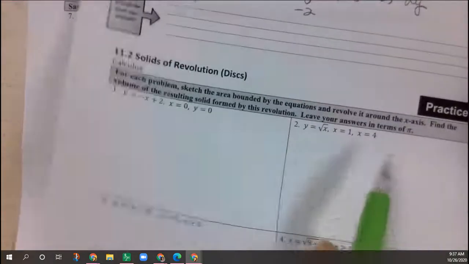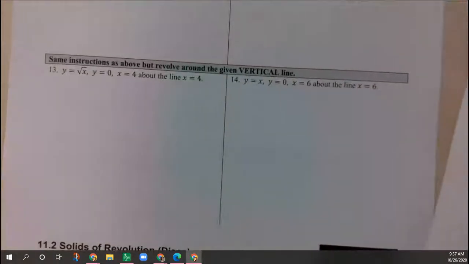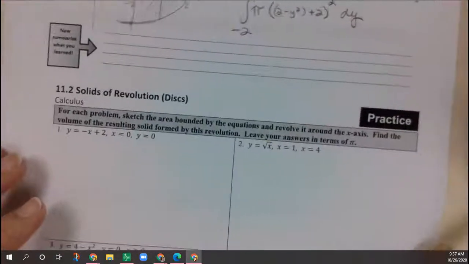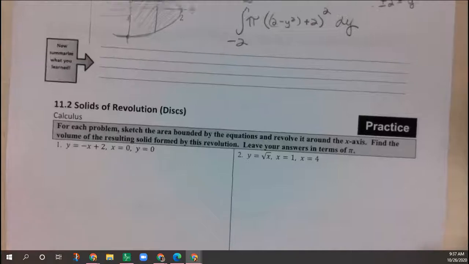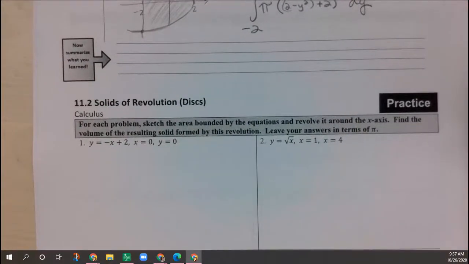And then hopefully on some of them, we can just leave it with the integral, set up the integral, and don't get bogged down too much in actually integrating and finding the answer. I want us to focus on how to set up those volume integrals.